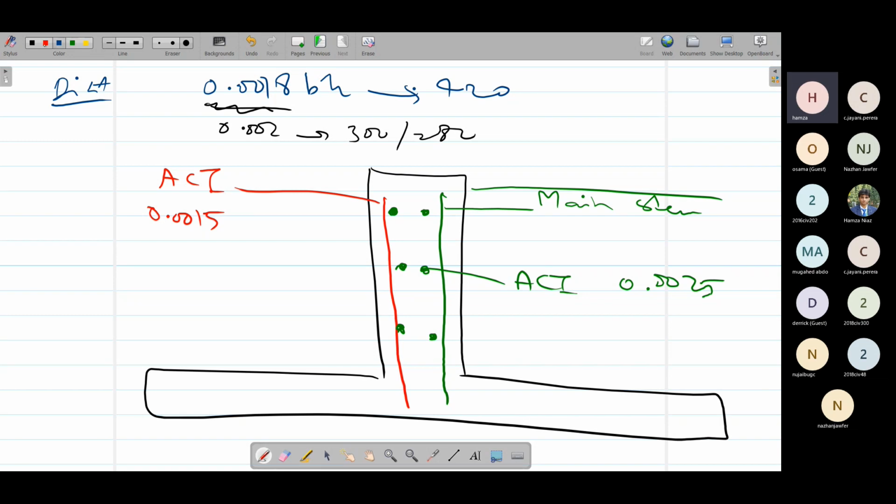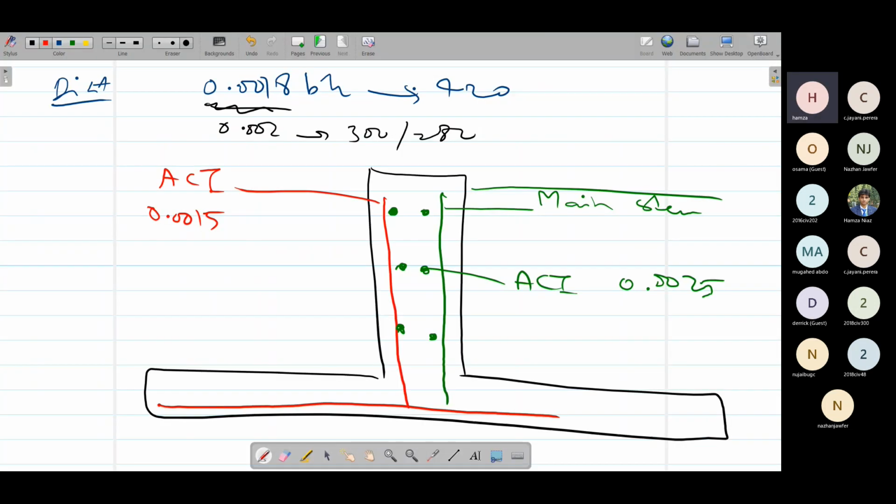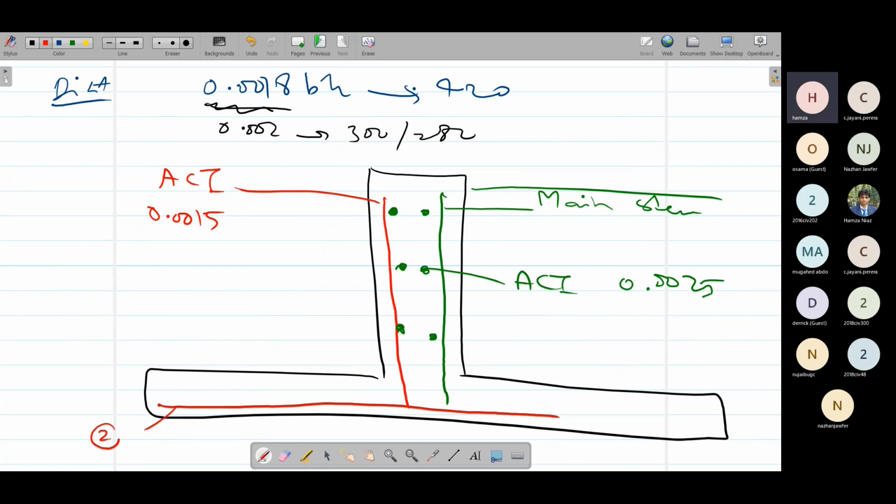And for toe, we are going to provide steel at the bottom. This way we are going to provide the steel at the bottom of the toe, and its value is this one. Steel from toe, for example, if I write this as 2, so this value is 2.